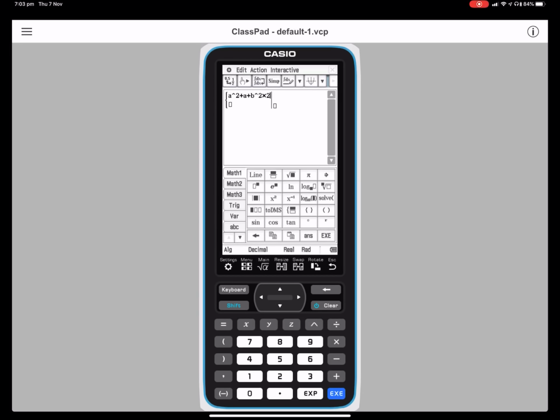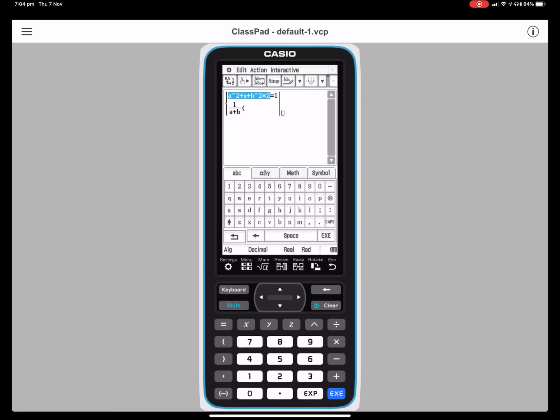Paste. That I said equaled 1. And then 1 on A plus B times that we know equals 3 divided by 4. Solve for A and B.